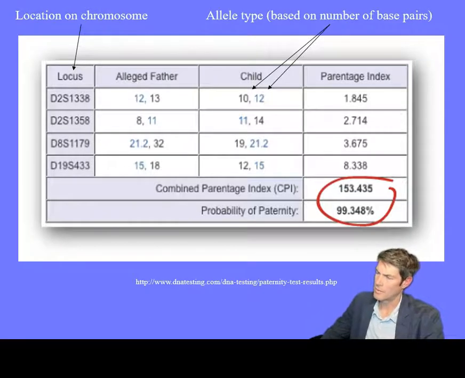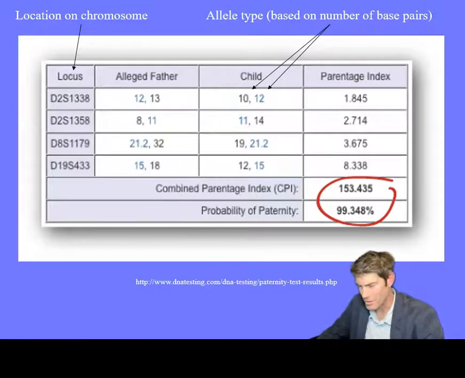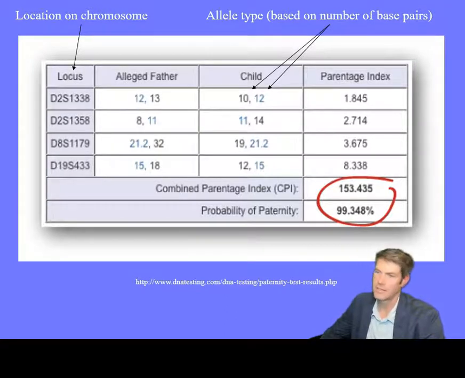This is something that's used in paternity tests, this probability of paternity. You may have seen that in court cases. There's a 99.99982% chance that the suspect or the defendant's DNA matches the DNA found at the crime scene.